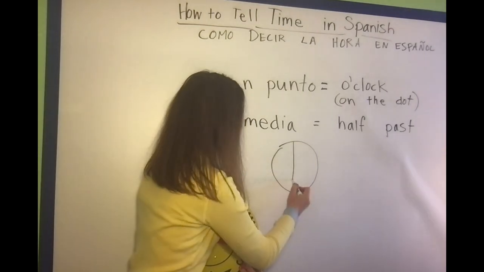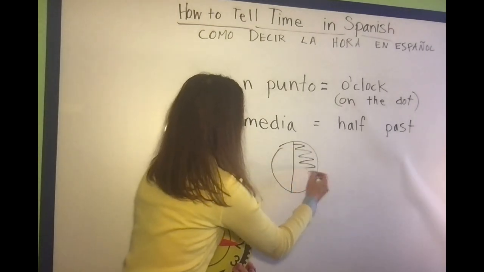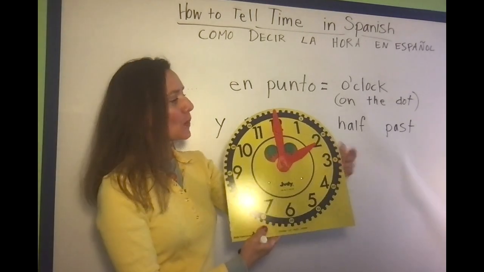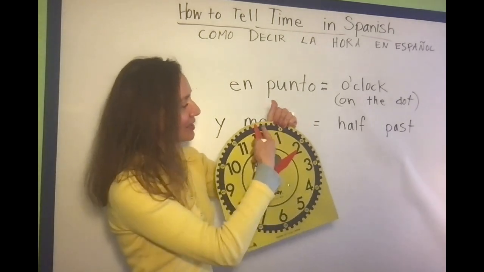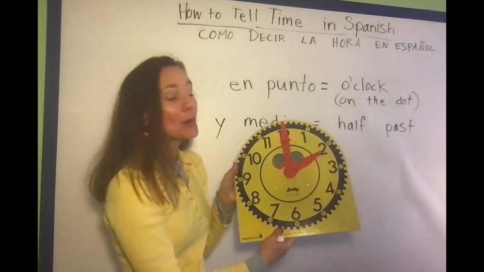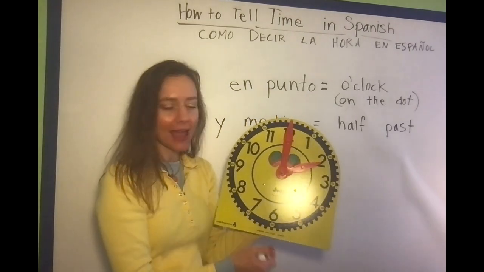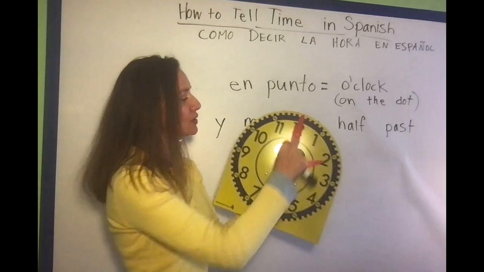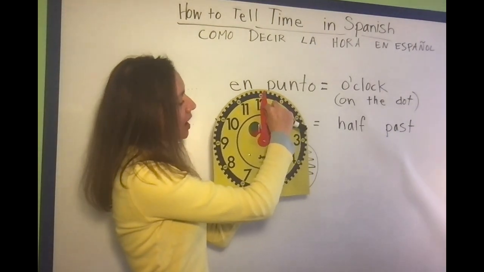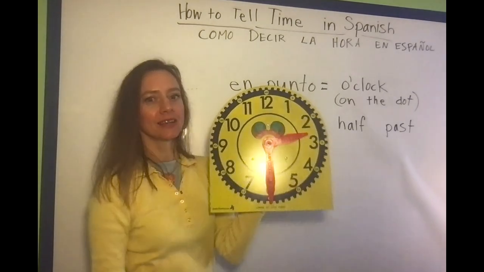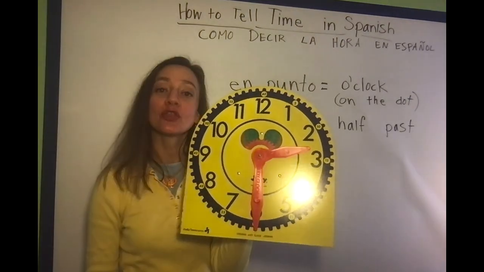Well, if we divide it into 2, and we have half the circle, well, we know here, all of these little things represent 1 minute. How many minutes are in half of an hour? Very good, very good. 30 minutos. So we know that when the clock goes halfway past 2 o'clock, now it is 2:30.